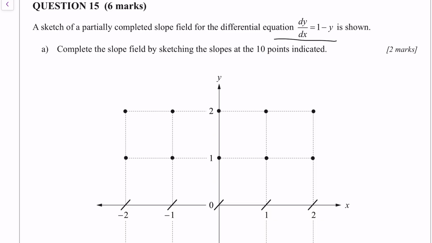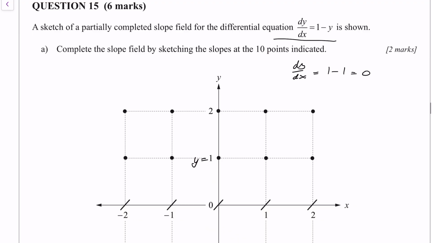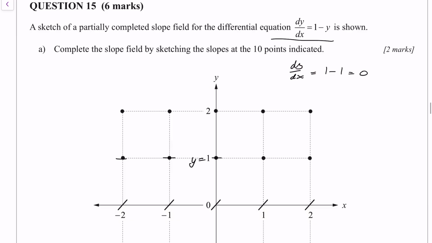So we know that when y is equal to 1, then our dy/dx, or our slope, or gradient, is going to be 1 minus 1, 0. Okay, very easy tech-free style paper. And then again, if y is equal to 2, then I'm just changing that to 1 minus 2, and that's going to give me a -1 slope. So that'll give me around a 45-degree angle.